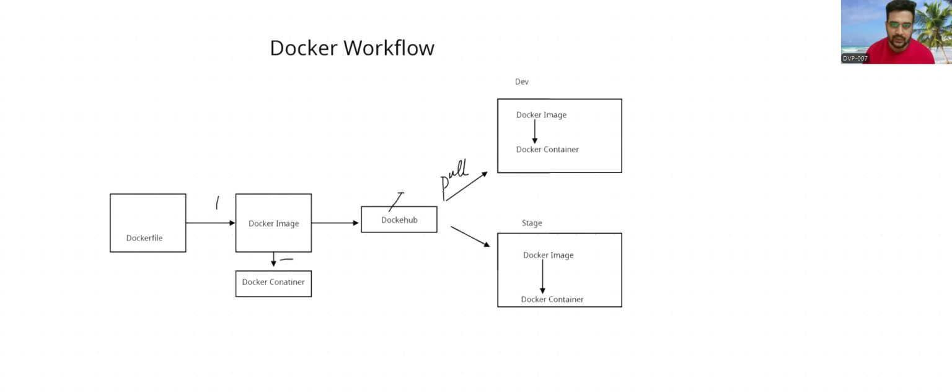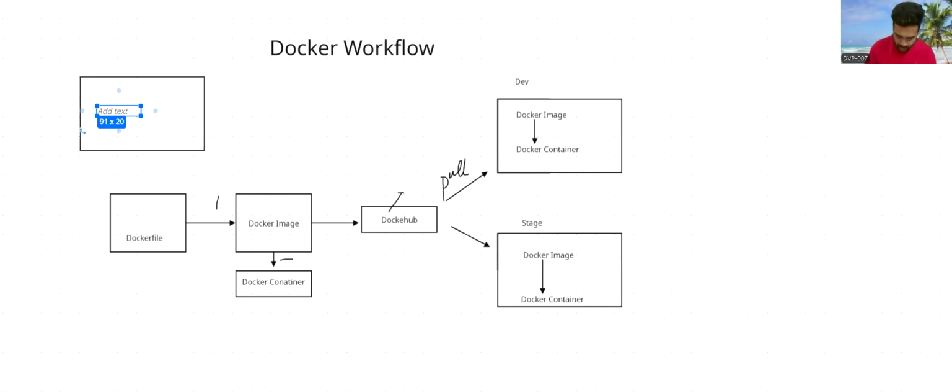Now, guys, how does this look in day-to-day life when you are trying to build an application? It could be a Java application, a .NET application. Let's say we plan to Dockerize a Spring Boot application, a Java application.